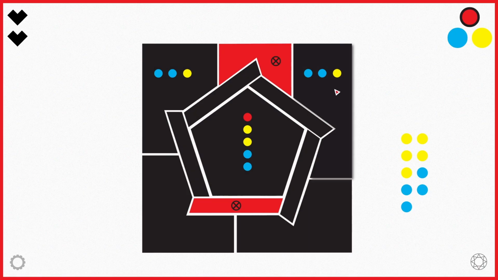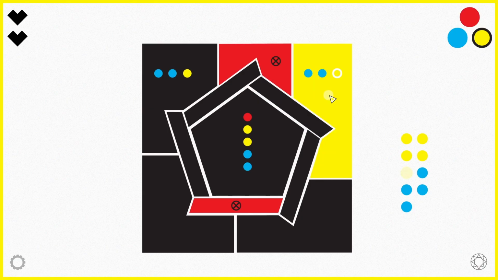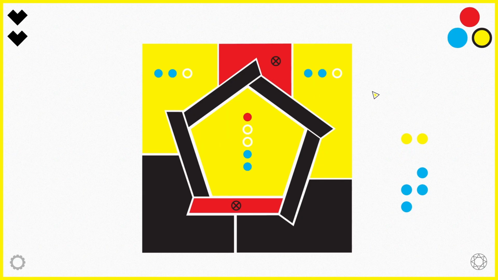There are 5 yellows. If only 2 of them are around this inner ring, and those account for what that sees and what that sees, because each of them can only see 1 yellow, that's 2 of them there. Where am I putting the other 3 yellows? Here, here, and here, where nobody sees them.